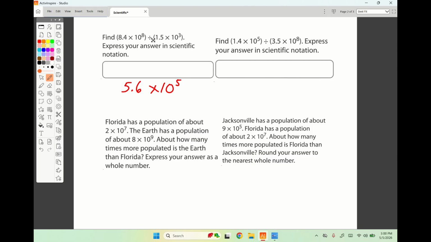Alright, so the same concept next to it. 1.4 divided by 3.5. That gives you 0.4 times 10 to the negative 3. Because when you subtract 5 minus 8, you get a negative answer. Now that's not the correct format because there's a 0.